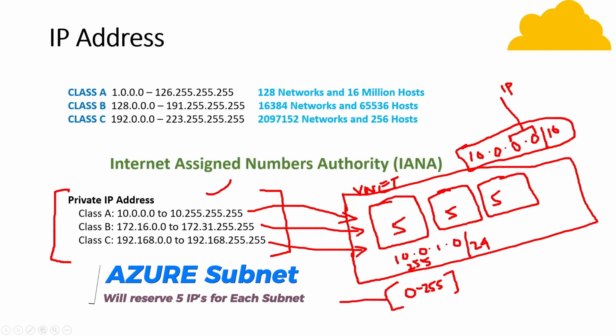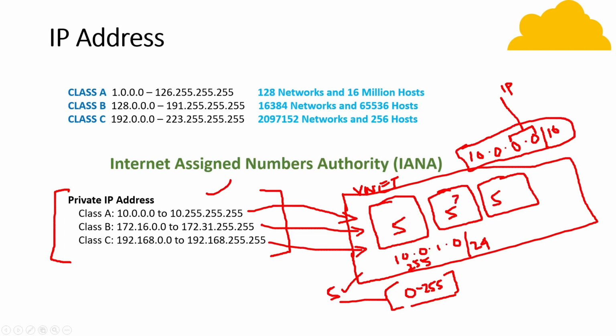So Azure will be using 5 IP addresses. From these IP addresses, it will have 5 IP addresses reserved for their subnet. For each subnet, there will be a reservation of 5 IP addresses, and this will be the 2.0 network with /24, and this will be the 3.0 network with /24, like that.